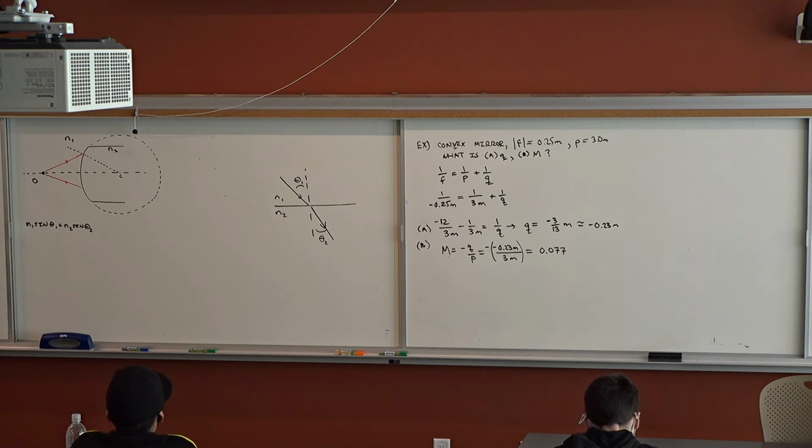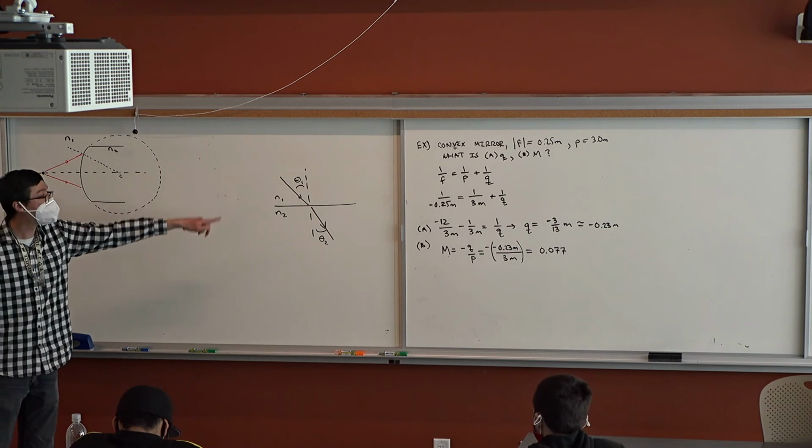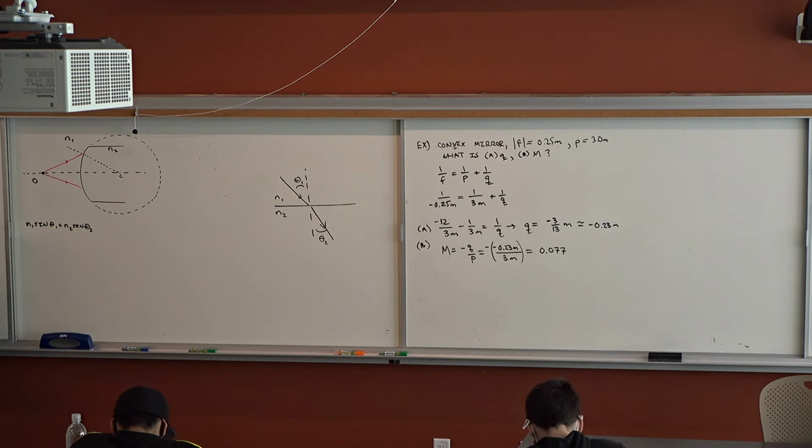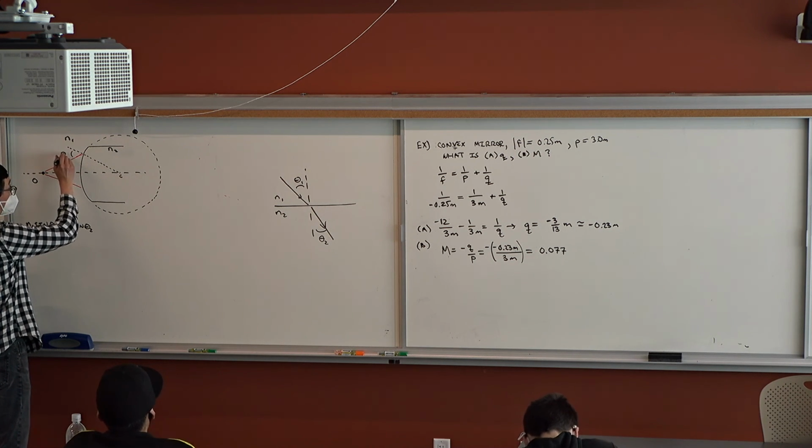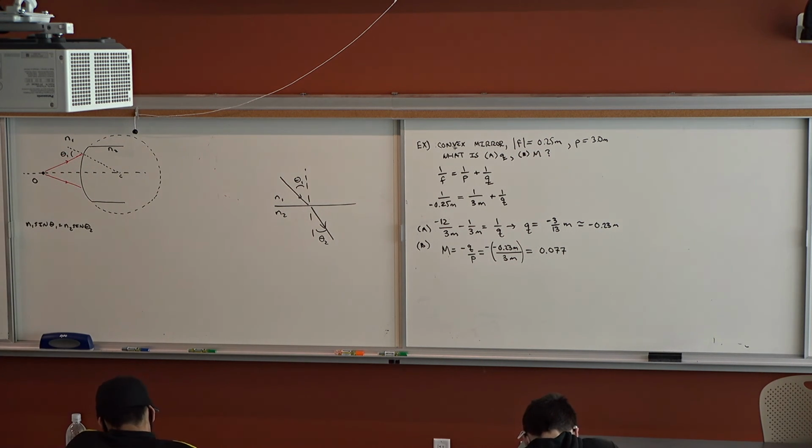Does that work? And so where would theta 1 be? Coming back to this picture, what's theta 1? It's above the top red line and between the normal. Yep. Does that work?